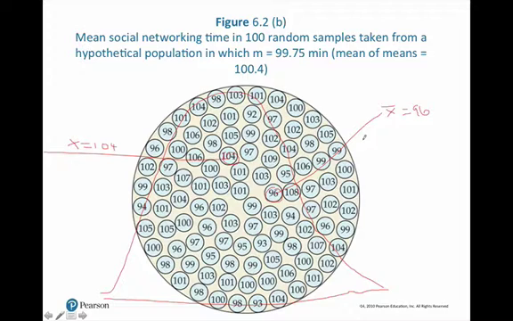The overall point is that this sample of 100 random samples comes from a population that's distributed around a mean of 99.75. And the mean of the means, if I were to add up all of these means and divide by the total number of samples, would come up to 100.4. So as I can see, this is not completely equal, but it's equal enough to assume that these two parameters are equal.